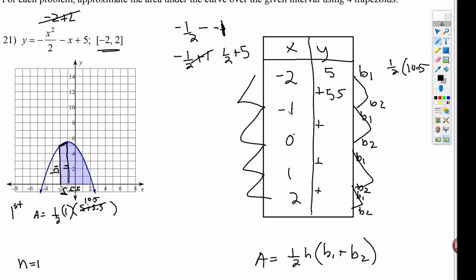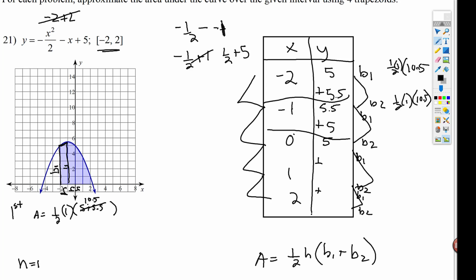Then we know what negative 1 is. It's 5.5. And then we plug 0 in and we get 5. So that's 10.5 again. So it's 1/2 times 1 times (5.5 plus 5), which is 10.5.